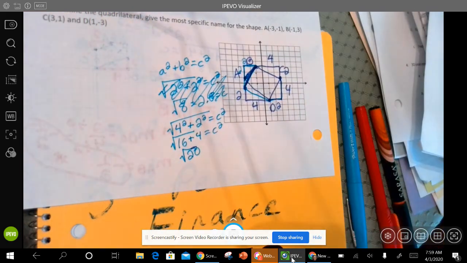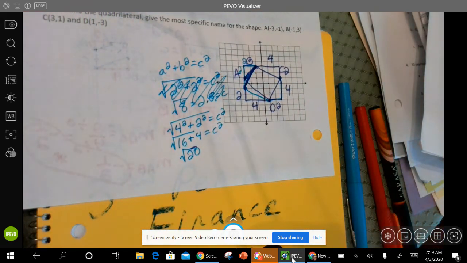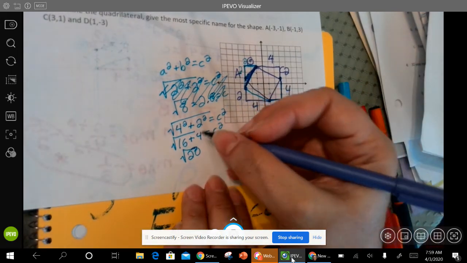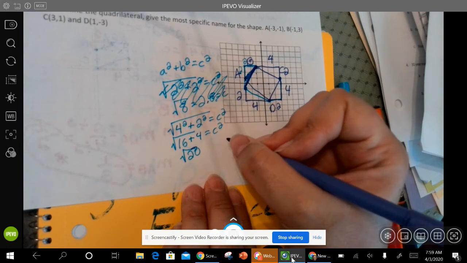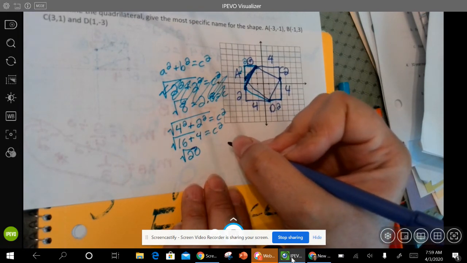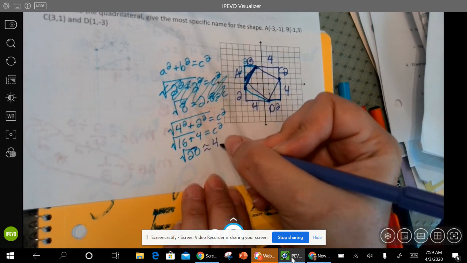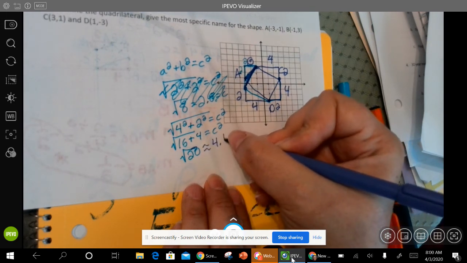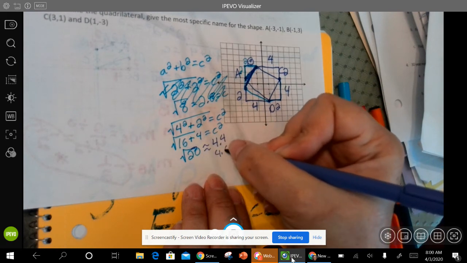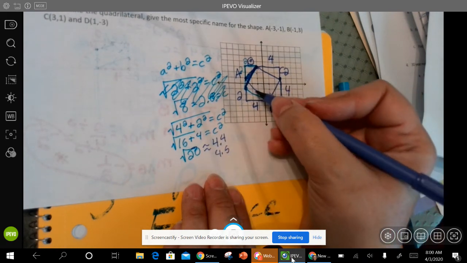Let's double check this. Square root of 20, so we got this one. It's going to be approximately 4.4 or 4.5. So all these sides are congruent.